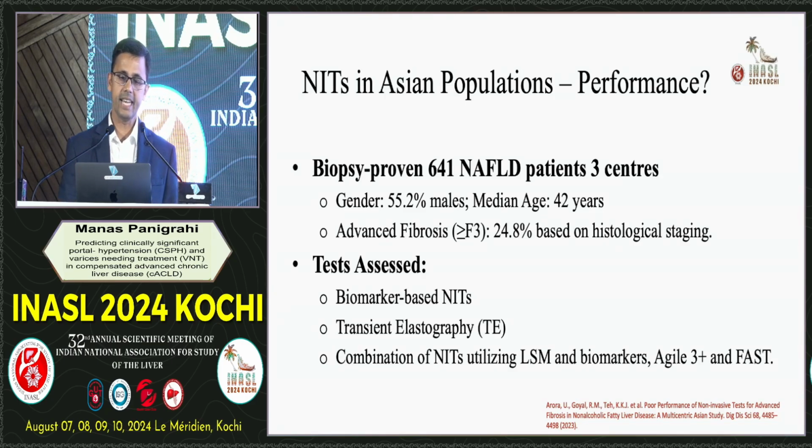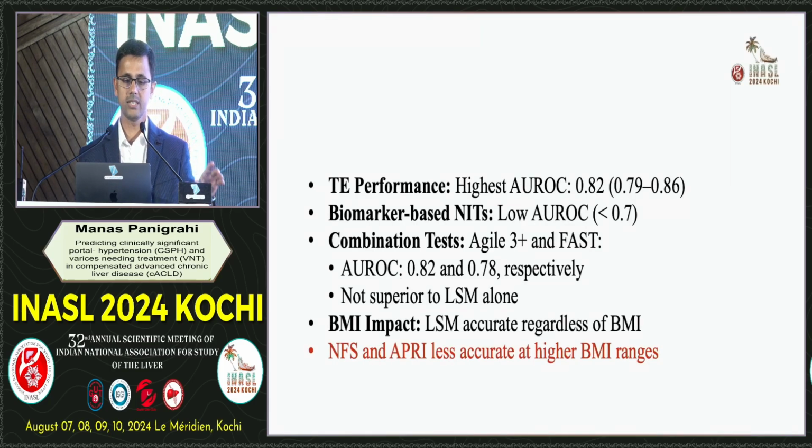So is there any Asian data? So this is the Salimar group, as they have seen 641 NAFLD patients from this center, and around 1/4 have advanced fibrosis. They have assessed biomarkers, transient elastography and a combination of these tests, and they have shown in this study published in Digestive Diseases and Sciences that transient elastography performed better, with highest accuracy.